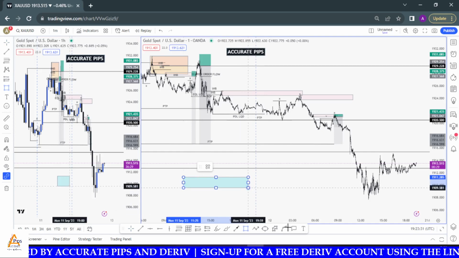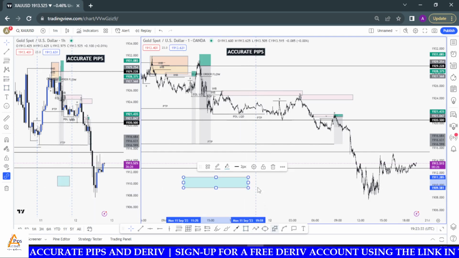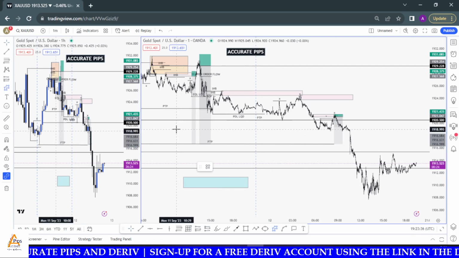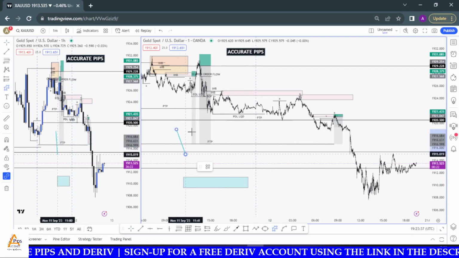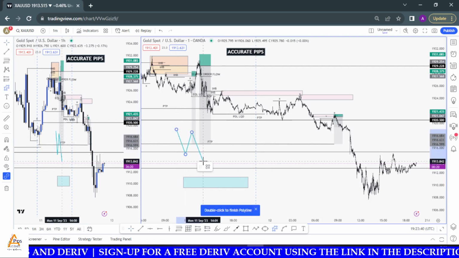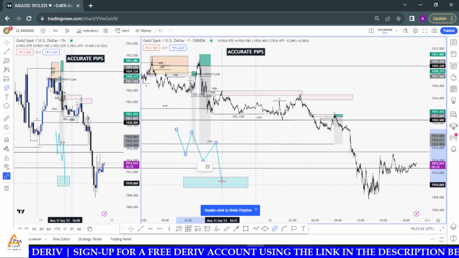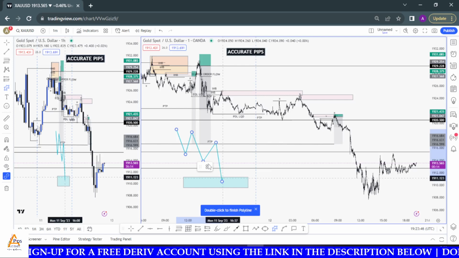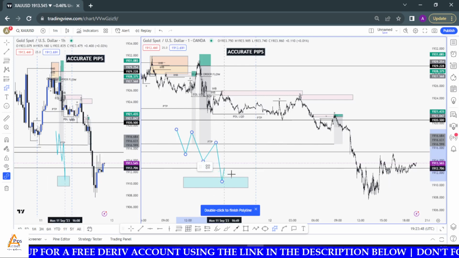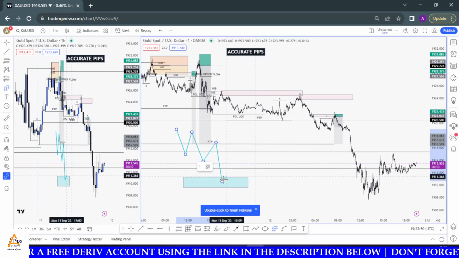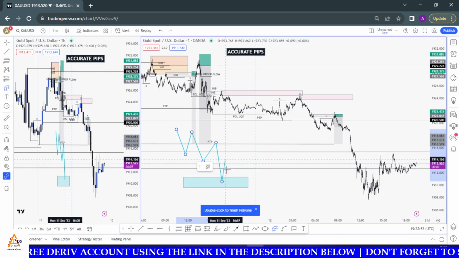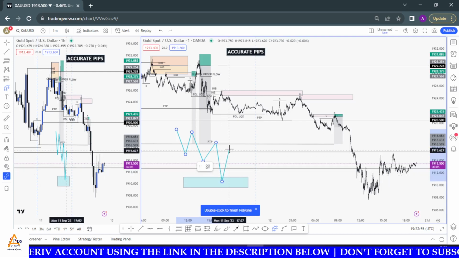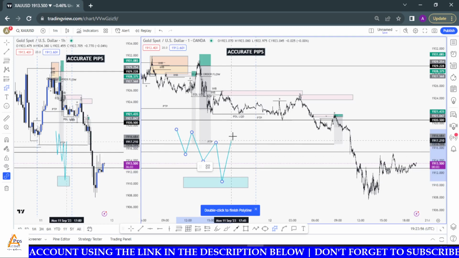Price, let's say we are coming down like this, taps here, but then it just swept this, and it didn't close candle body below it, and then it went up.